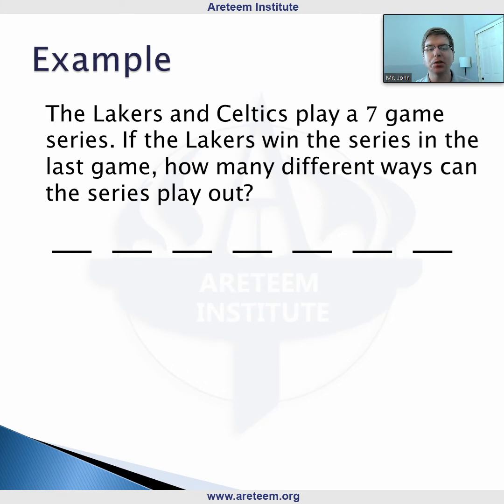And so if the Lakers win the series in the last game, this actually tells us a couple of things, right? So first of all, it definitely tells us that this last game has to be won by the Lakers. And let's just use an L there to stand for Lakers. So Lakers win the last game, and then there are 6 remaining games there.